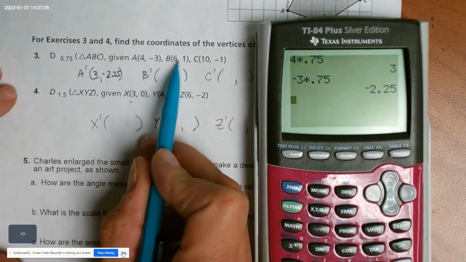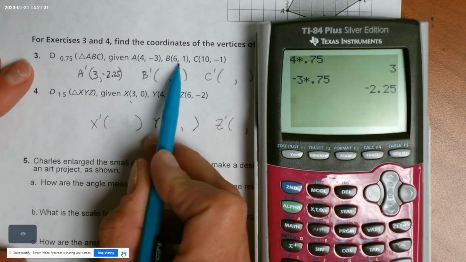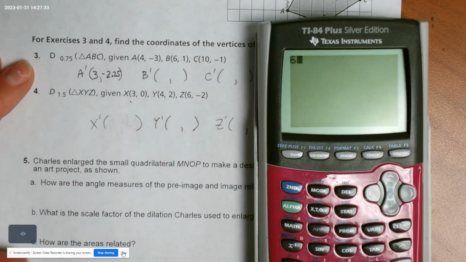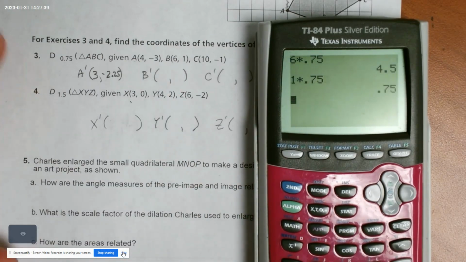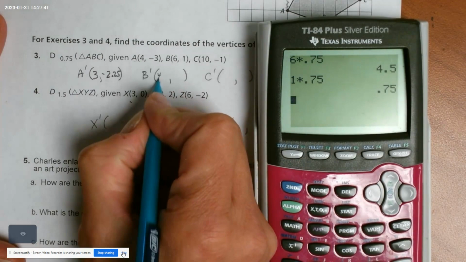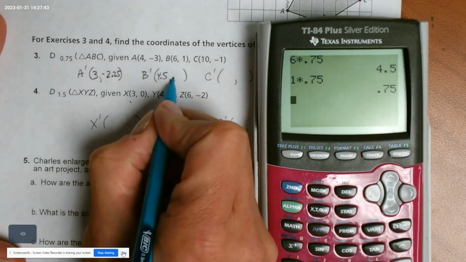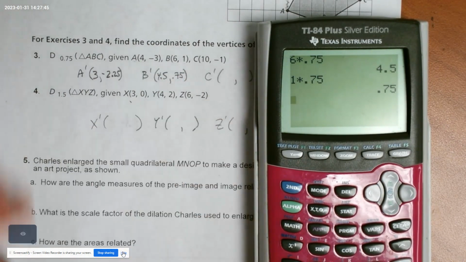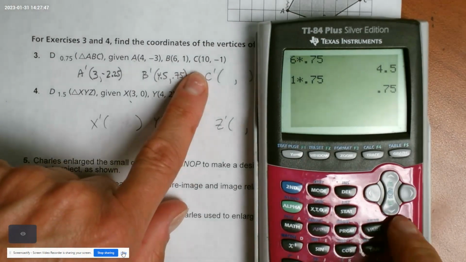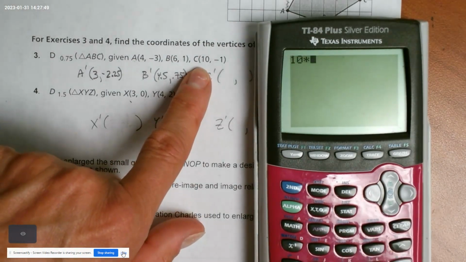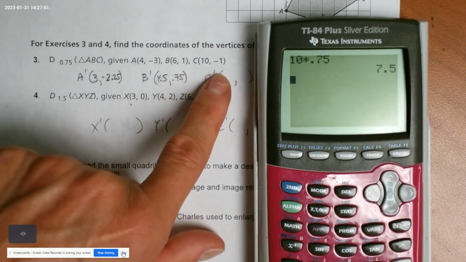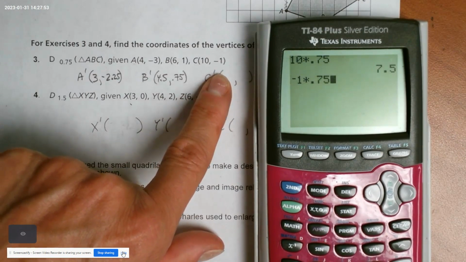Okay, B, got to multiply B times 0.75, so I'm going to clear and do 6 times 0.75 and 1 times 0.75. So that is 4.5 and 0.75. And then for C, I'm going to go ahead and clear it and do 10 times 0.75 and -1 times 0.75.